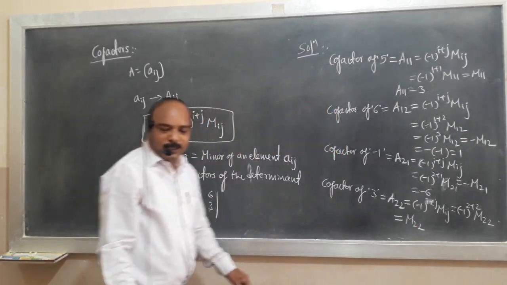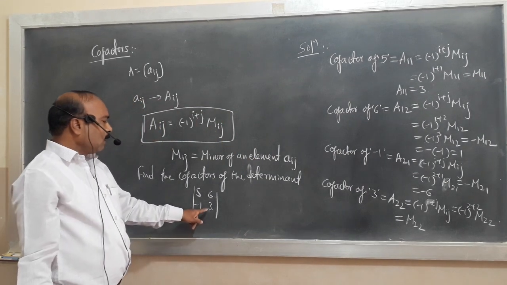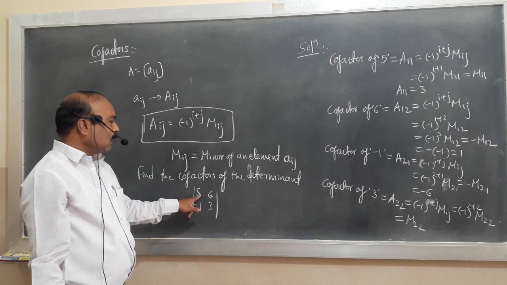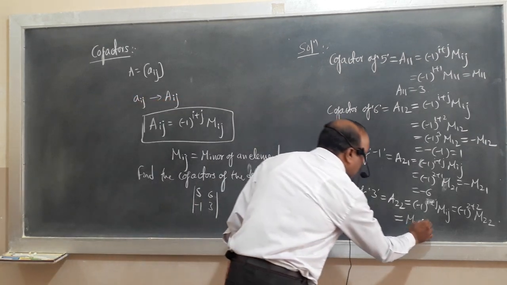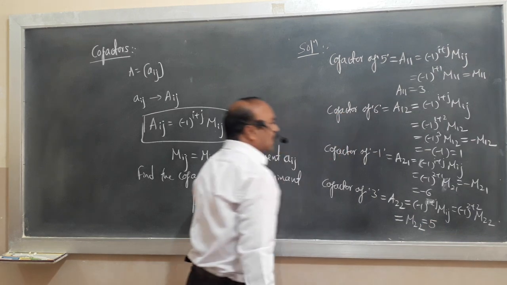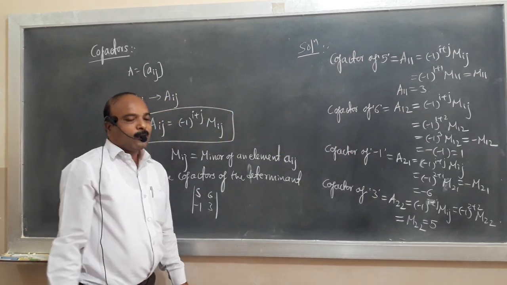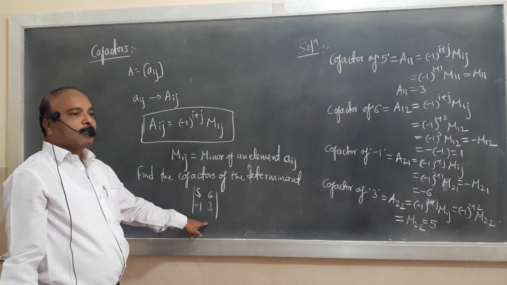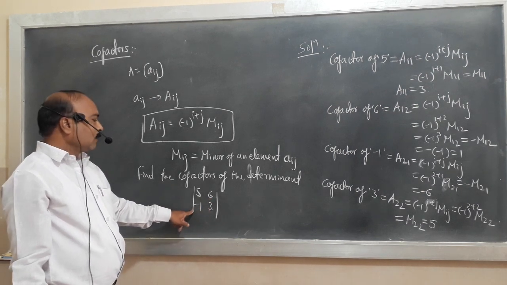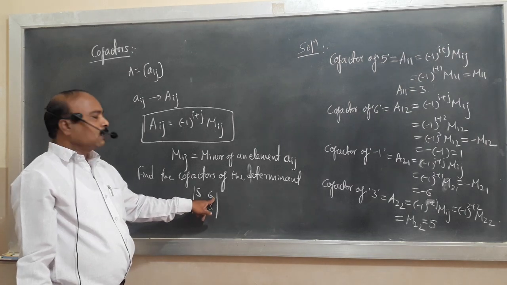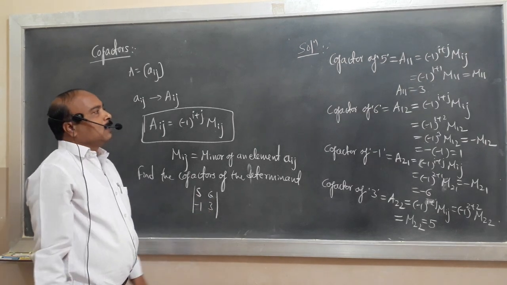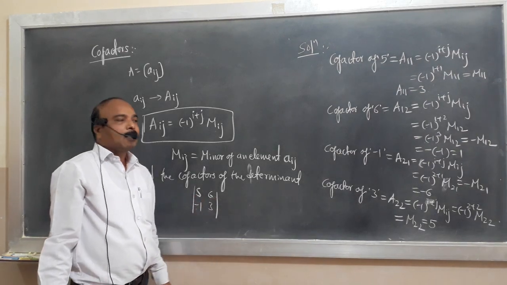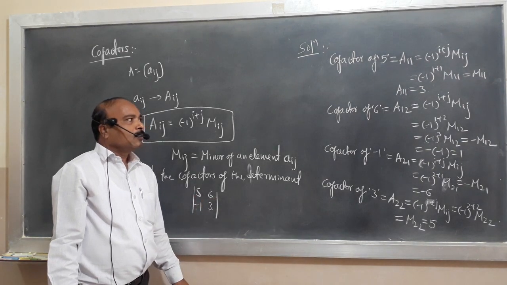M22 is the minor of this element, given by deleting this row and this column, and we get 5. Therefore the cofactors of the 4 elements are: cofactor of 5 is 3, of 6 is 1, of minus 1 is minus 6, and of 3 is 5. These are the cofactors of every element of the given determinant. Like that we calculate the cofactors.